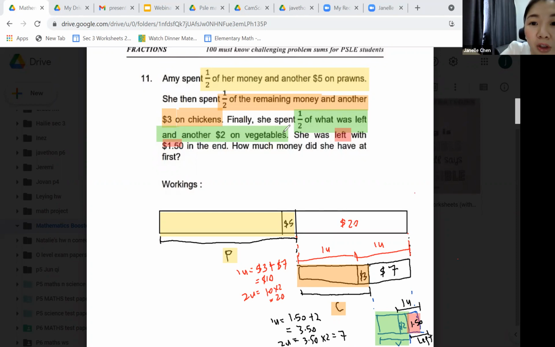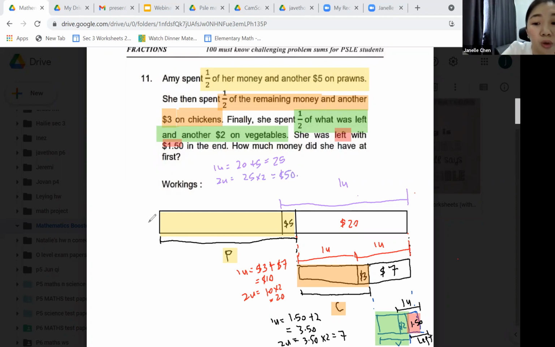So my top part here, from here to here, is my 1 unit now. So 1 unit is equal to $20 plus $5, which will give me $25. So 2 units is equal to $25 times 2. This is the total amount of money she had at first.